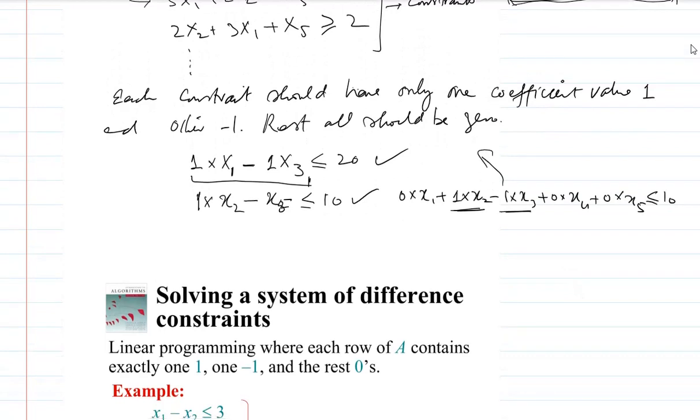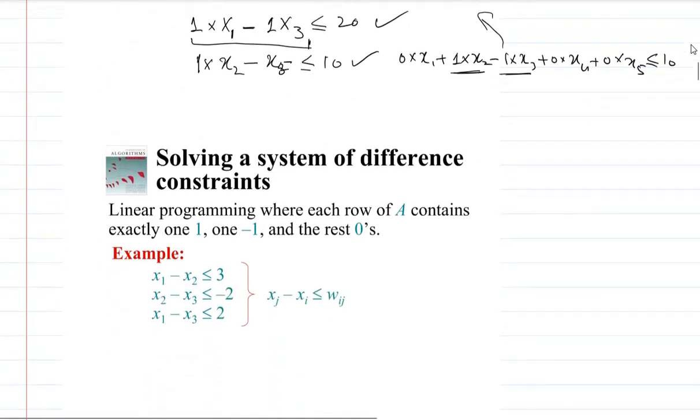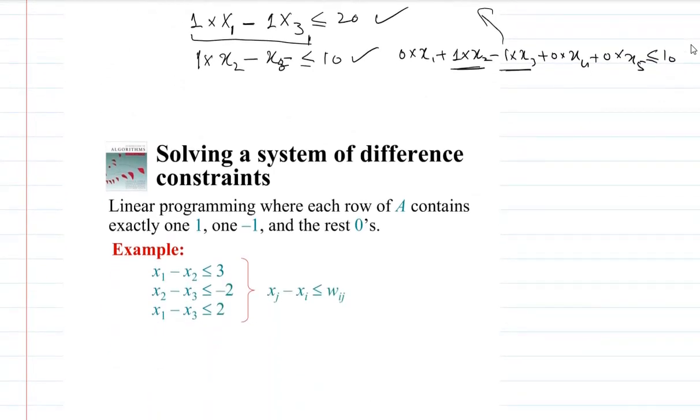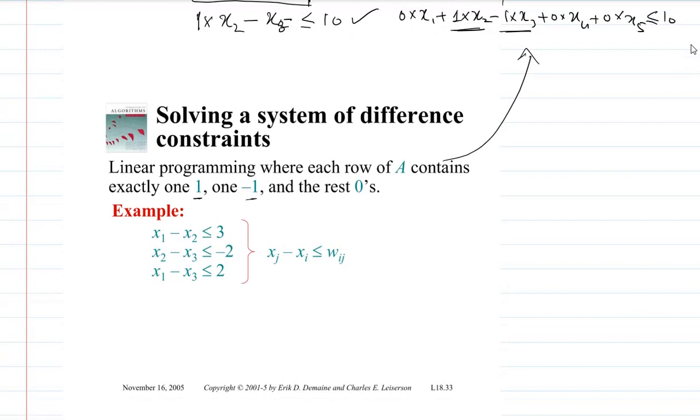So we are talking about linear programming, and a special case in which we have to solve a system of difference constraints. In this case, each row of A contains exactly one 1 and one -1, and the rest are all zeros. This is what I have written over here. So if we have constraints written in this form, such as x1 minus x2 is less than or equal to 3, all these are examples of a system of difference constraints.